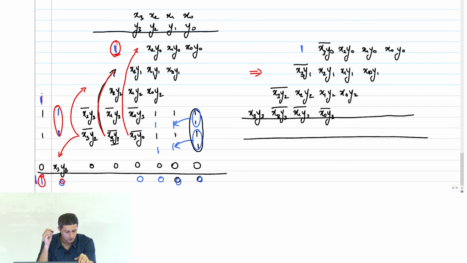So I need to add one more 1 there. Because finally this 1 needs to go somewhere. Where should it go? It needs to get added to the carry generated from here. So along with x3, y3, I will add a 1.